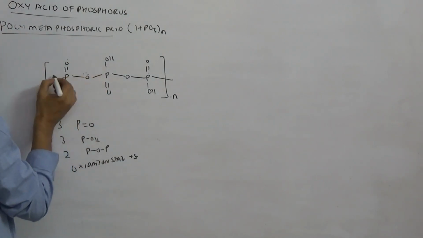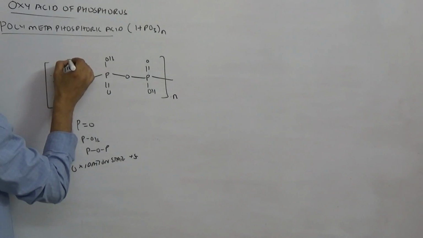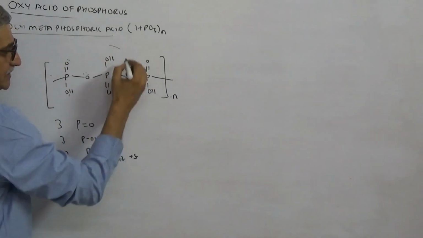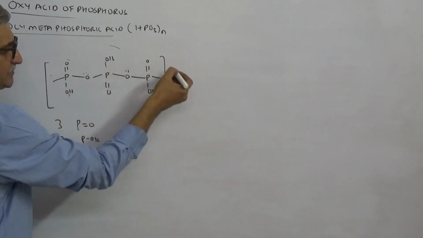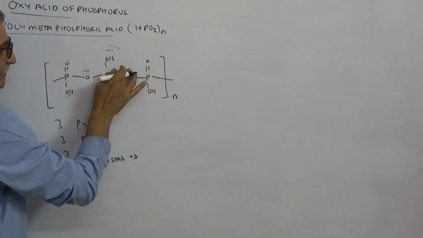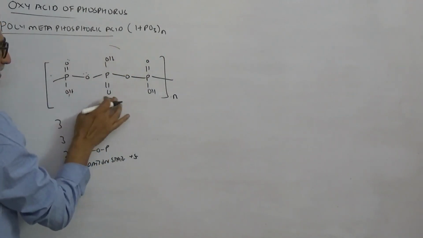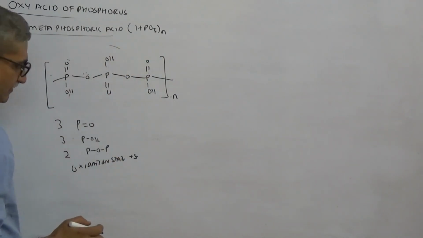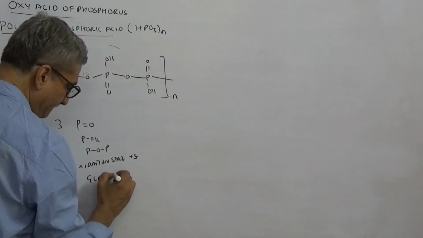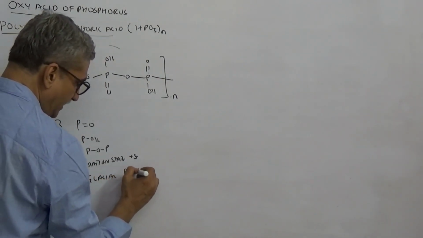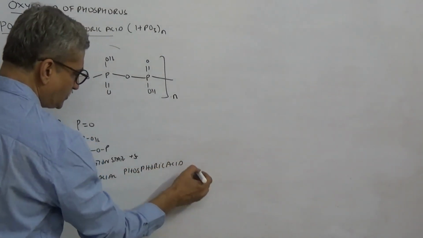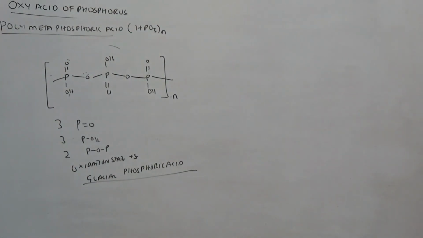Taking this as an example, -1 from this oxygen goes to this phosphorus, then -1, -1 and -2, so the total will be -5. So the central phosphorus will have +5. This is also called glacial phosphoric acid.